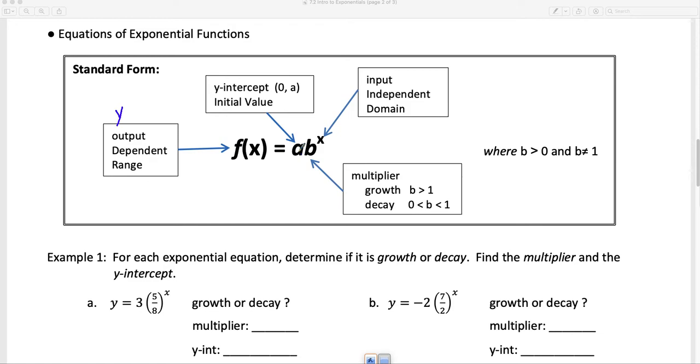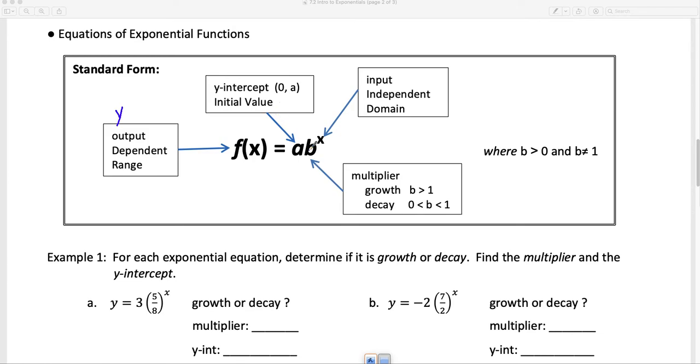All right, most functions, most forms are going to have one form or another that's going to show the y-intercept. And you're going to see that when we get to the quadratics. So this a value is going to give me the y-intercept. It's going to be at 0, whatever the value of a is. And when we get to the word problems, this is the initial value, just the same way it was when we had linear functions.